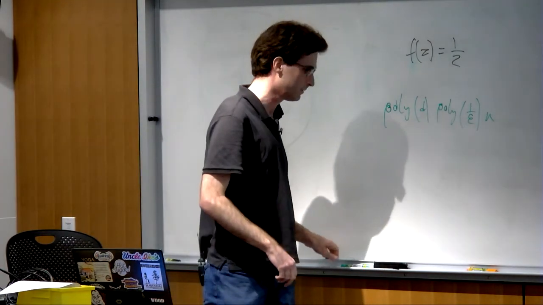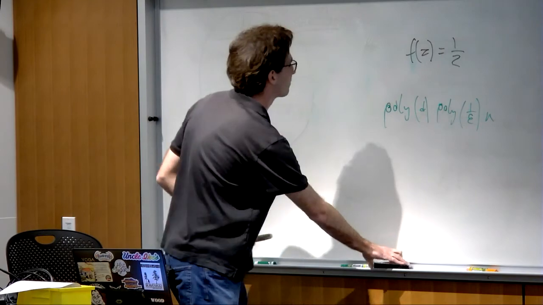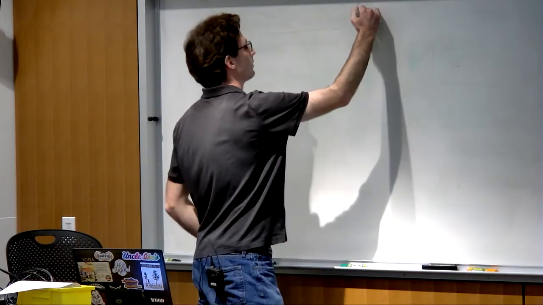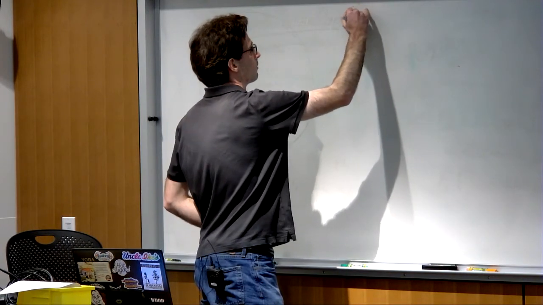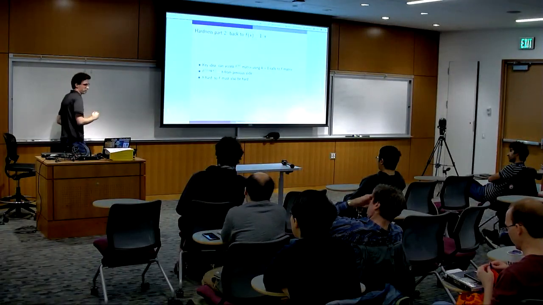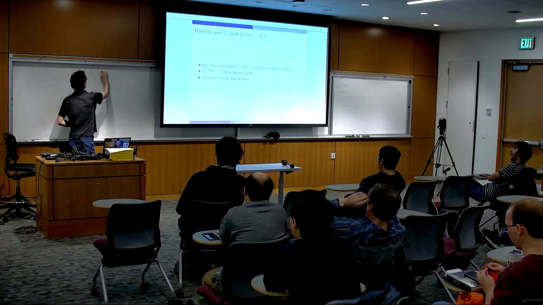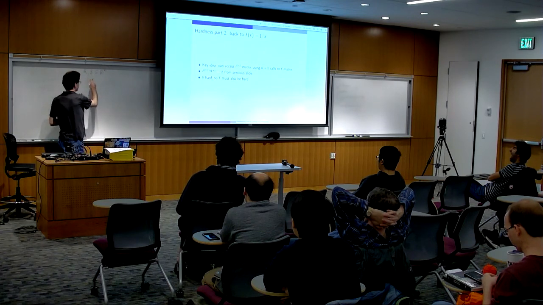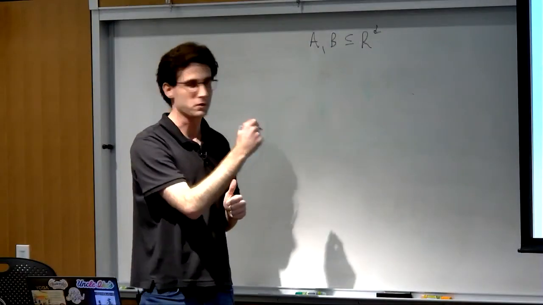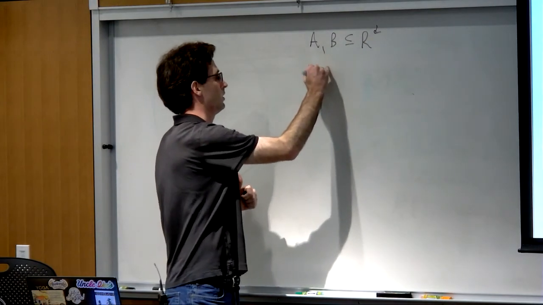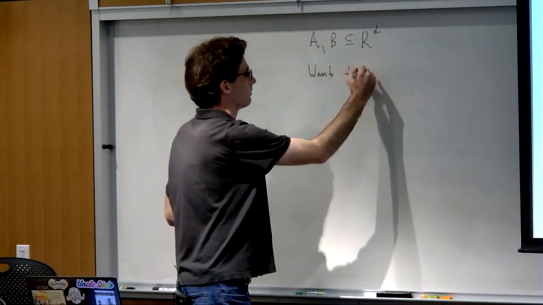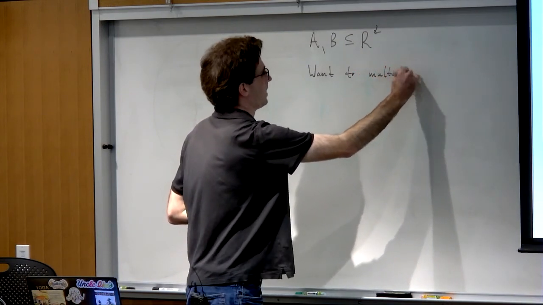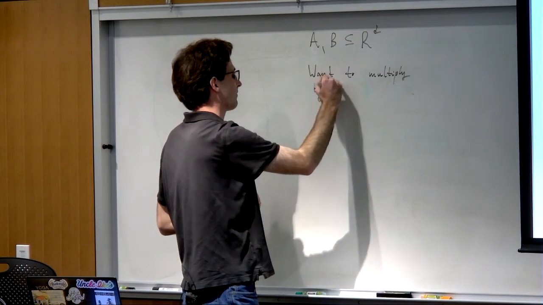So the basic idea is as follows. We have these two sets of points A and B in d dimensions. We'd like to multiply by the f prime matrix.